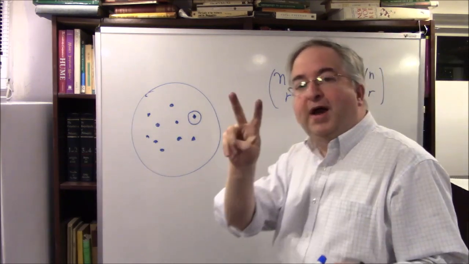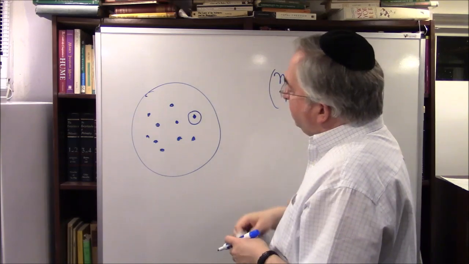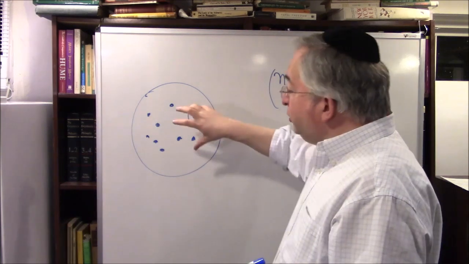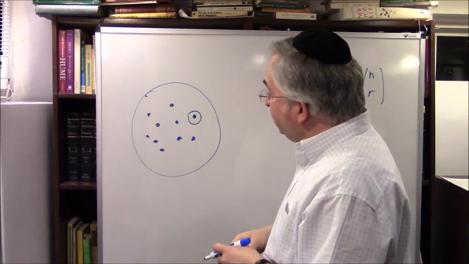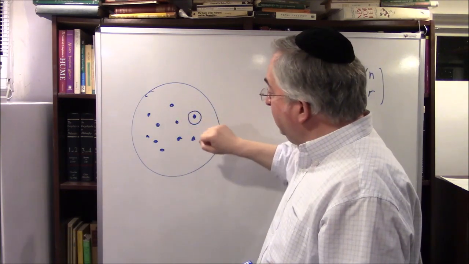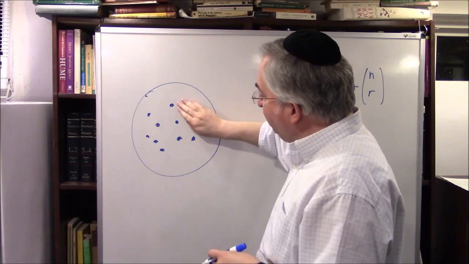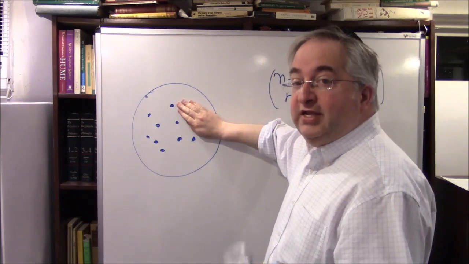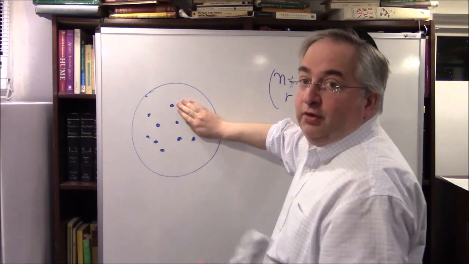Well, there's two possibilities. One possibility is choose this one. In other words, some of the times that you choose r, you're going to choose this one. So let's see what happens when I choose this one. Now I'm choosing r elements. One of them is this, so let's forget about that. So now, how many ways can I choose? If I already chose this one, how many other ways do I have?